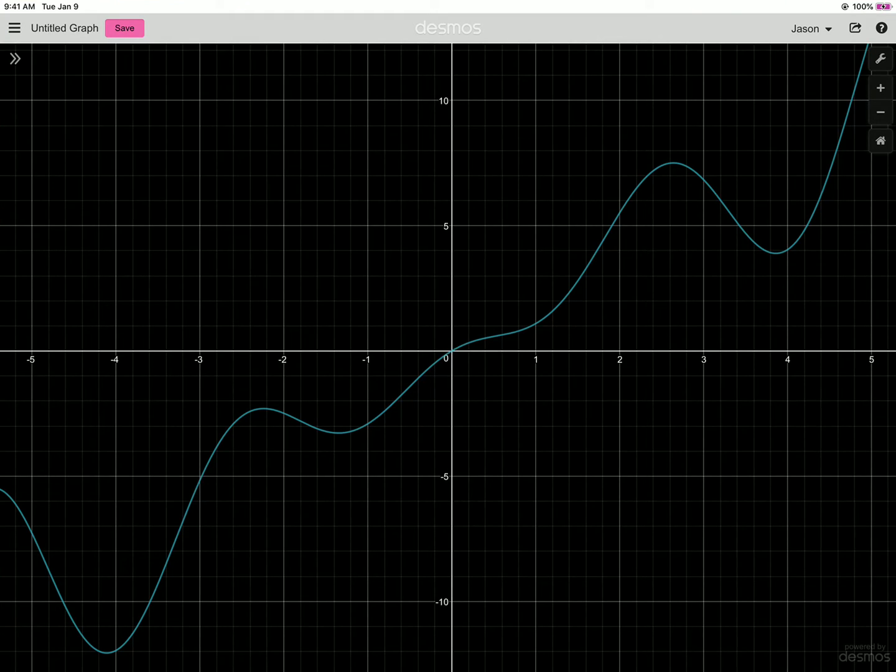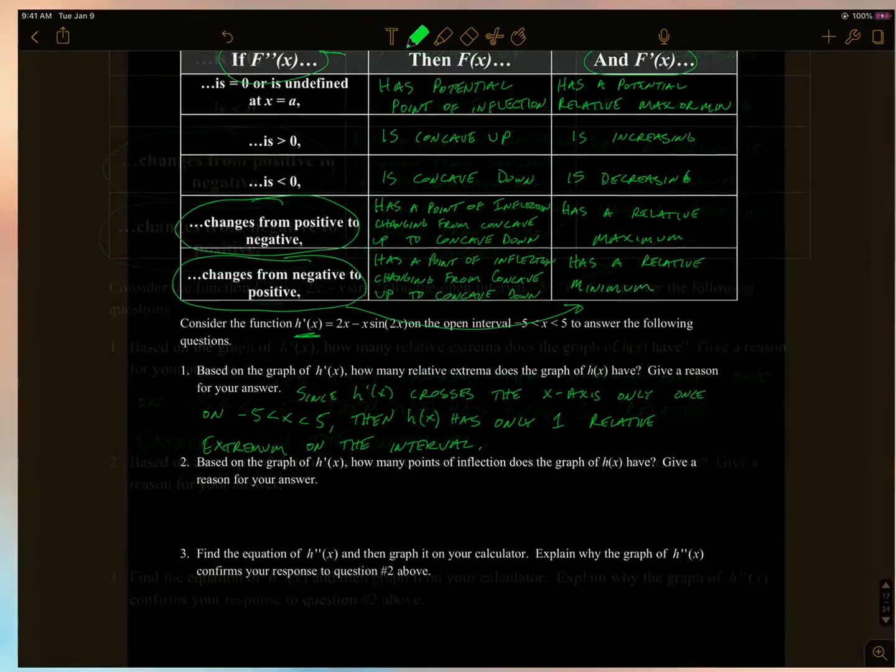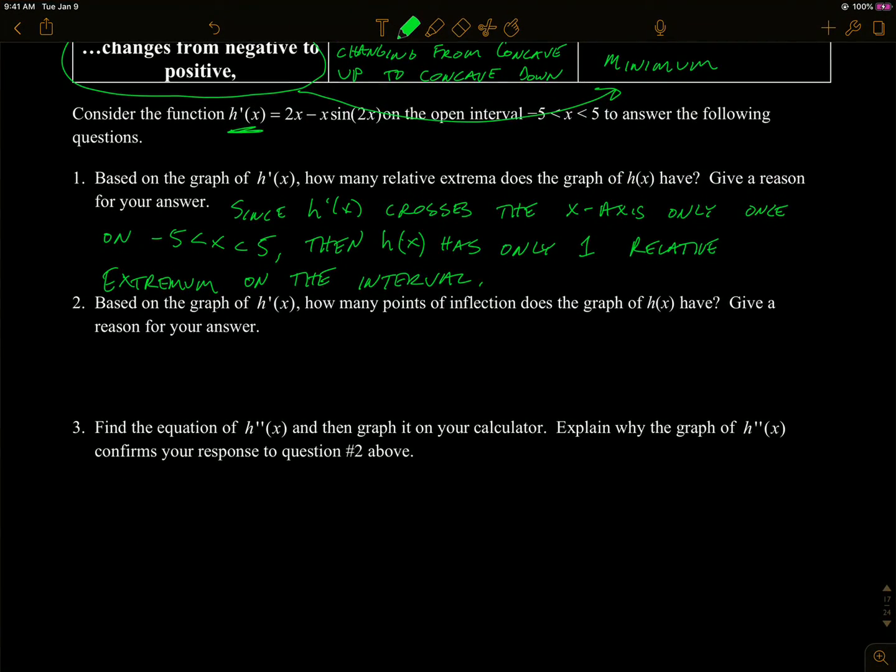I see 1, 2, 3, 4, 5 times there's a maximum or a minimum on the derivative. Okay, so we'll say h of x has a point of inflection when h double prime of x changes sign.